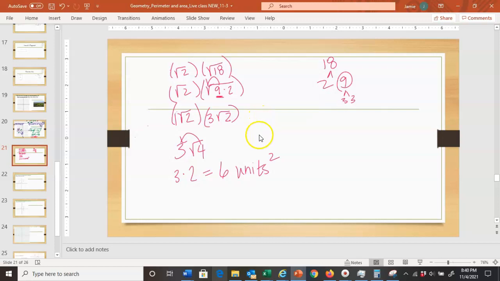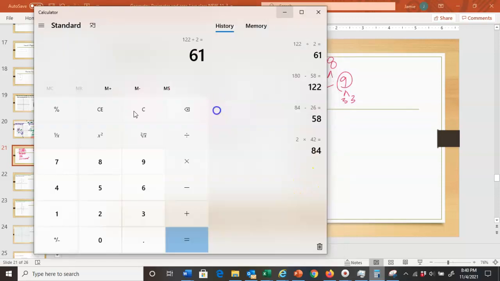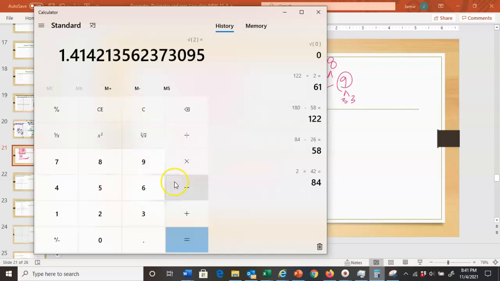That was so cool. Did you guys see that? Let's try the calculator and see what we get. Root 2 times root 18. I don't know if that's calculating 100% accurately. Hold on.